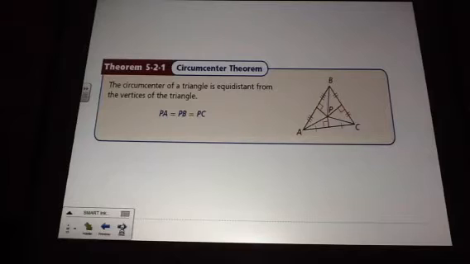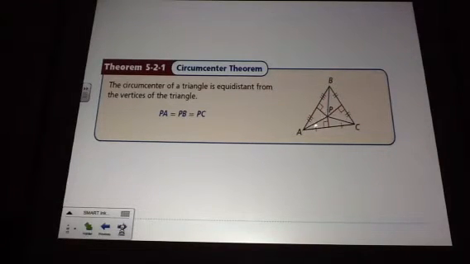All right, your circumcenter theorem. The circumcenter of a triangle is equidistant from the vertices of the triangle. So what we have here, this must be an acute triangle because our circumcenter is inside the triangle. And we have a perpendicular P. Well, this segment right here is perpendicular to segment AB.